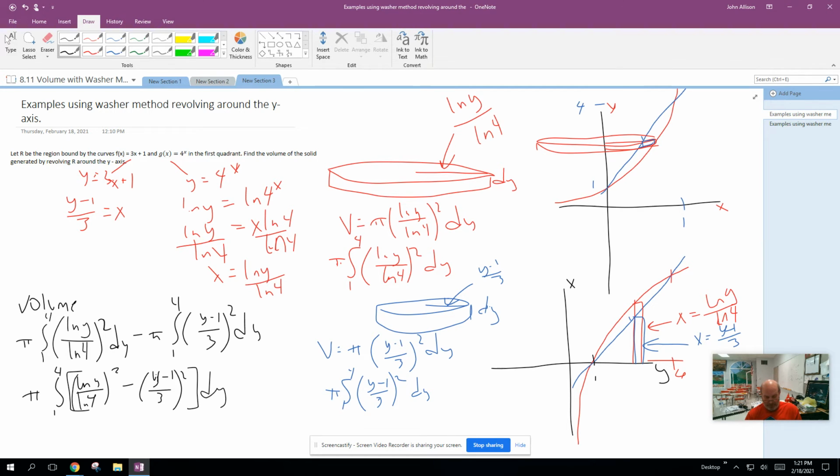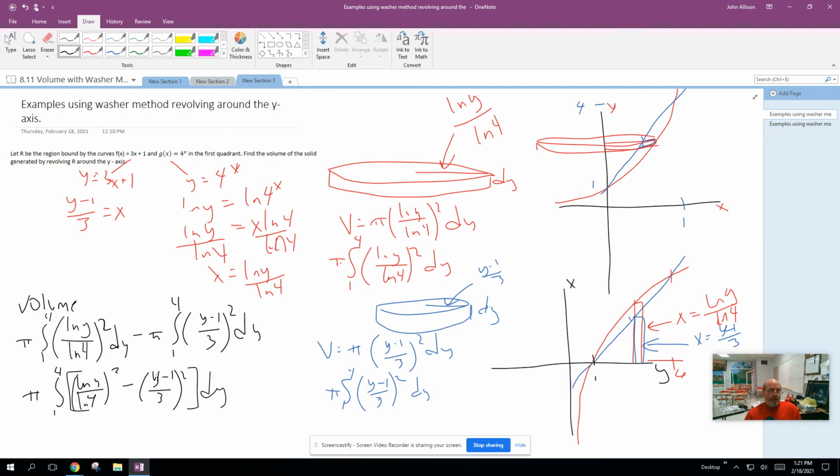I'll put x's in the calculator because it's the TI-84.